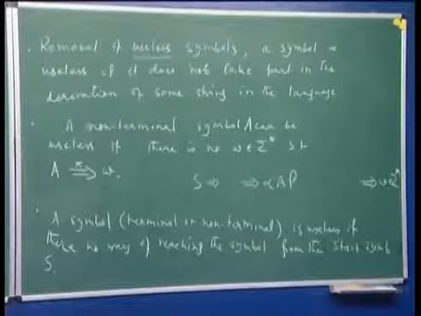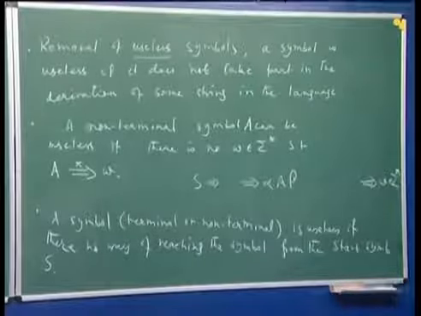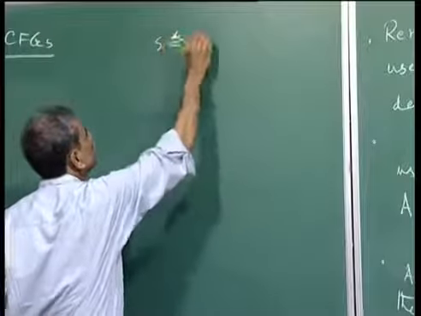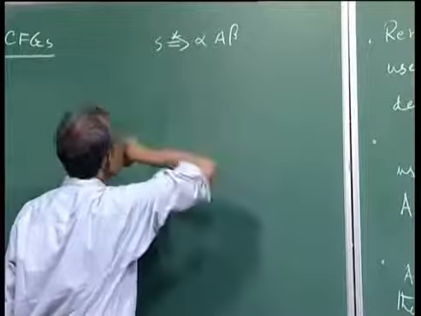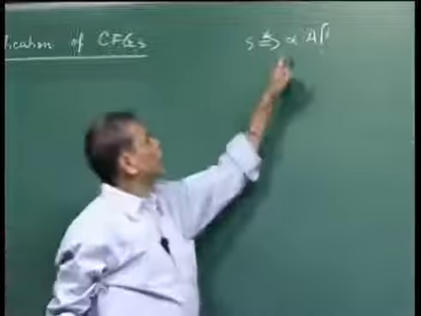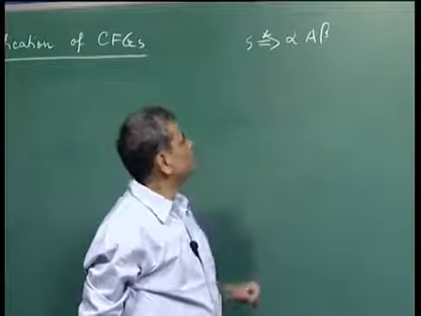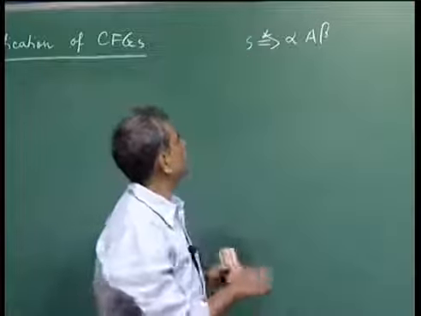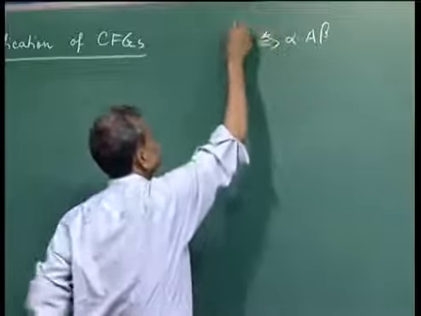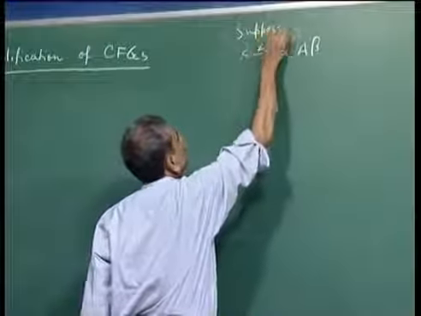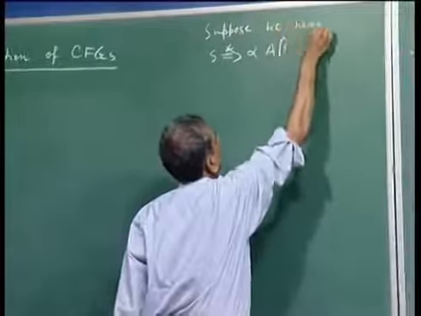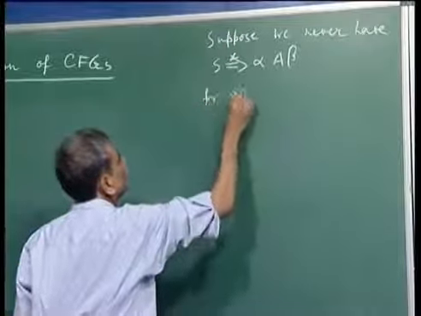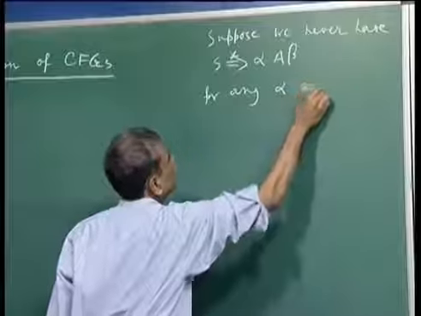We elaborate this a little more. What we mean by the second point is that suppose there is no way you can generate some string over non-terminals and terminals, such that starting from S, we never have this situation for any alpha and beta, right?